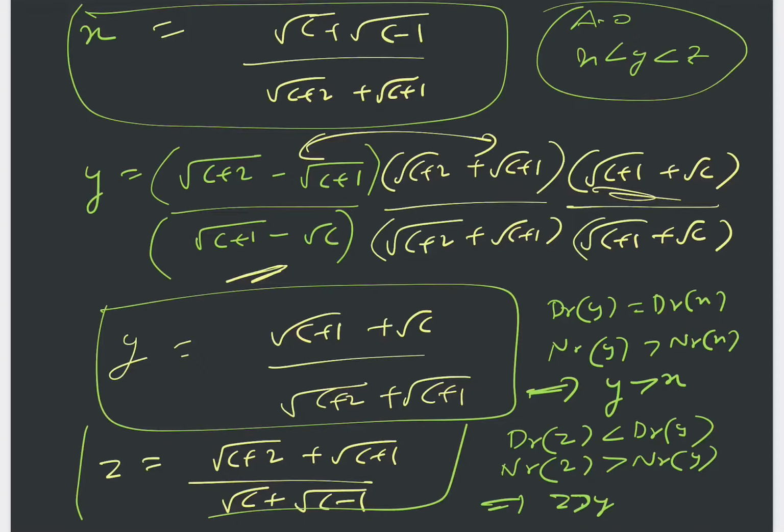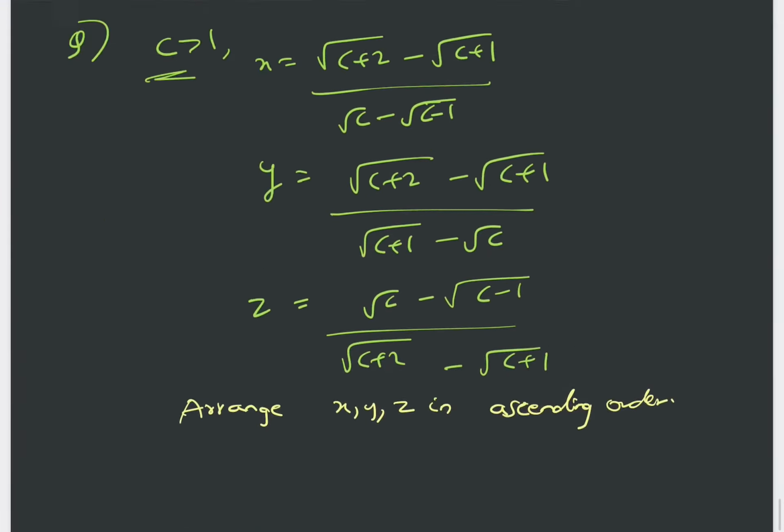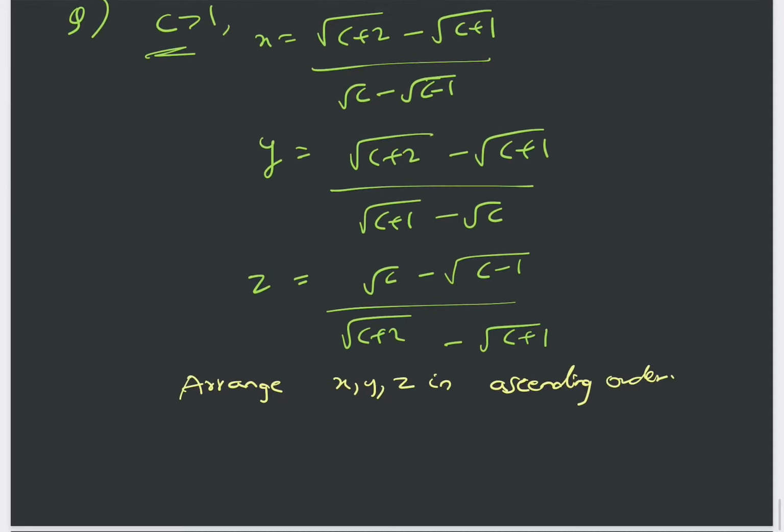So this is the thing, you have to rationalize the numerators and denominators in all of x, y and z, and then you need to compare. So you can ask me why didn't I compare here itself? I can also compare here, right? But you see, it is very difficult to compare here.